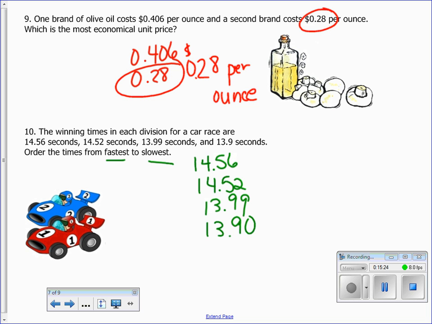So in this instance, the fastest car would be the one that went 13 and 9 tenths seconds. The next would be 13 and 99 hundredths. The next would be 14 and 52 hundredths. The next would be 14 and 56 hundredths. Again, in speed, the fastest car will be the one with the least amount of time on it.